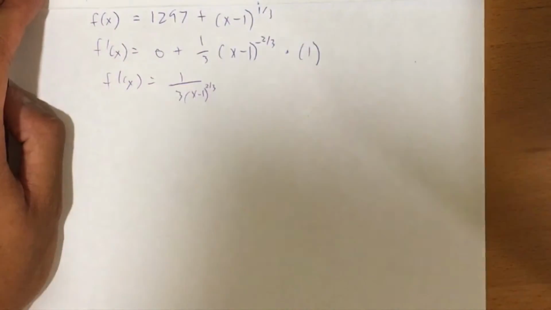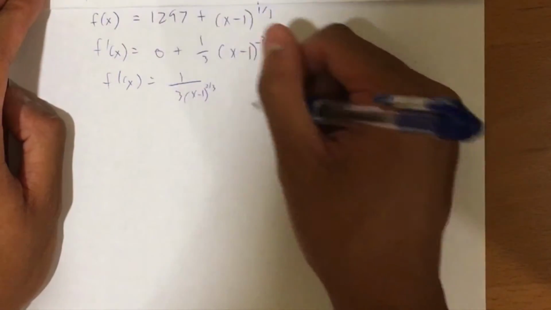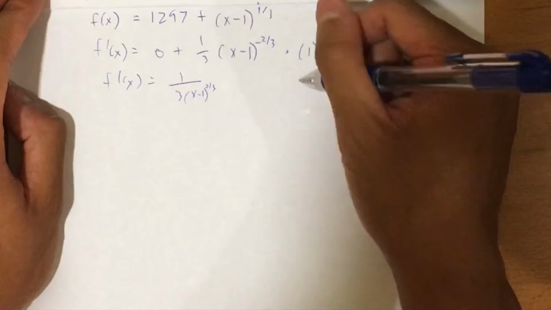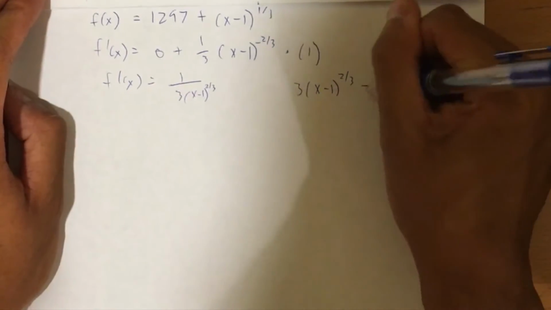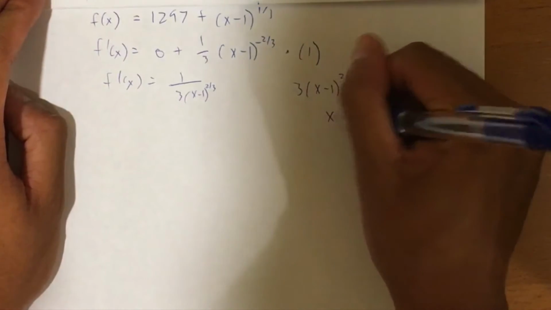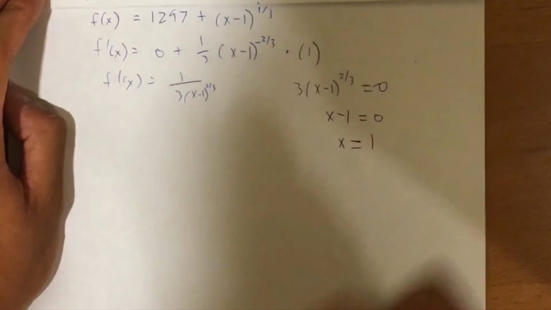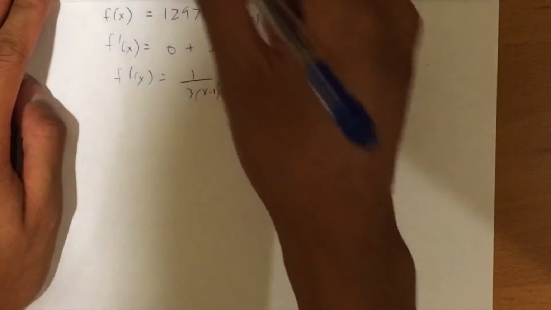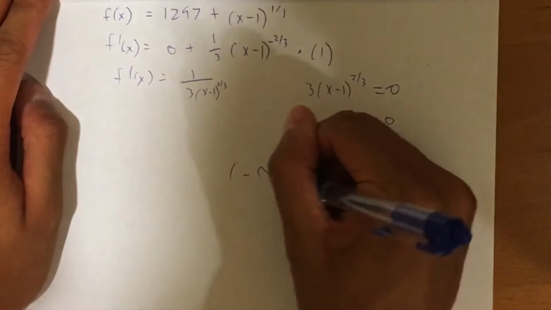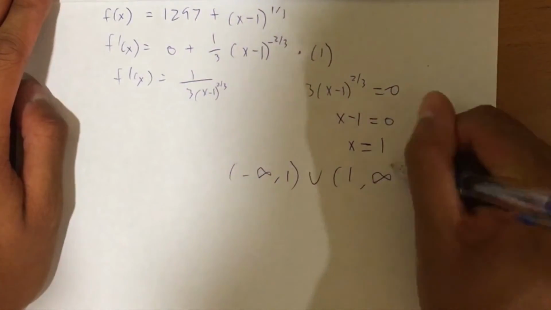So we need to check when this is undefined. So this would be undefined when the denominator equals 0. So 3 times x minus 1 to the 2/3 equals 0. We can rewrite this as x minus 1 equals 0. So x equals 1. By determining this, we know that f of x is differentiable from negative infinity to 1 and 1 to infinity.